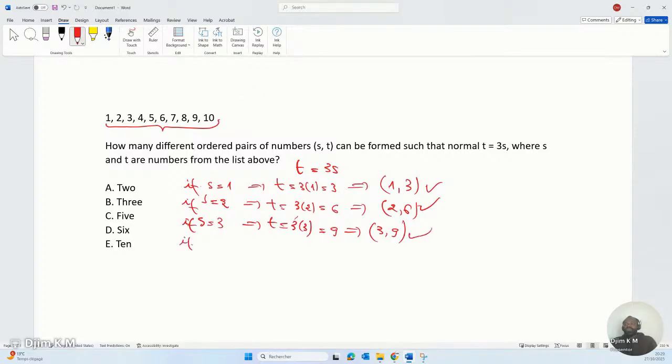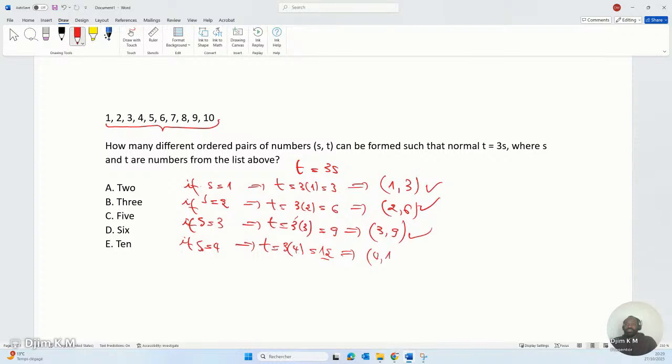So now if S is equal to 4, T will be 3 times 4, which is 12. So we find that S is part of the list of numbers, but 12, which is the value of T, is not part of the list of numbers.